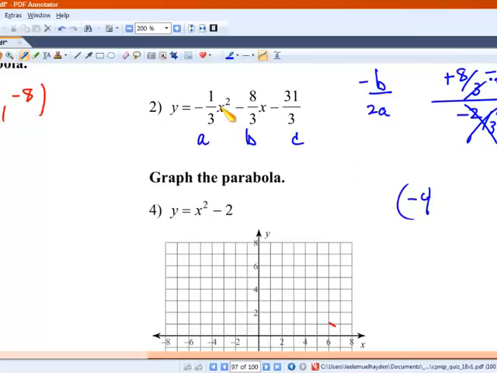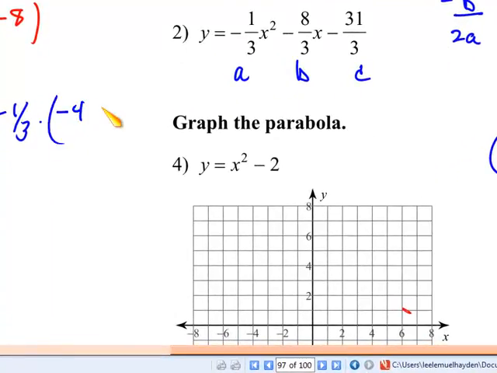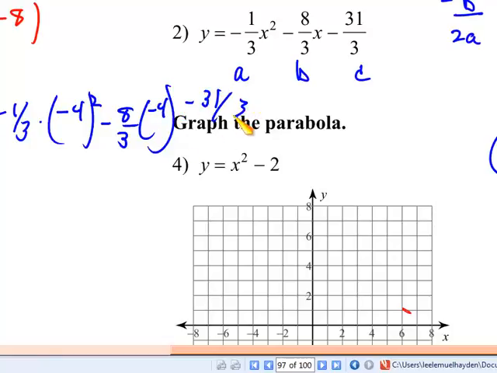So when I put -4 in there, I get -1/3 times -4 squared minus 8/3 times -4 minus 31/3.